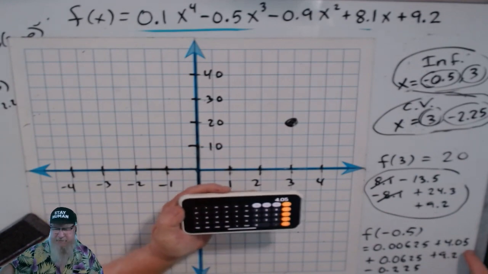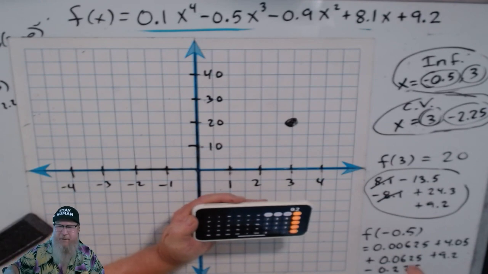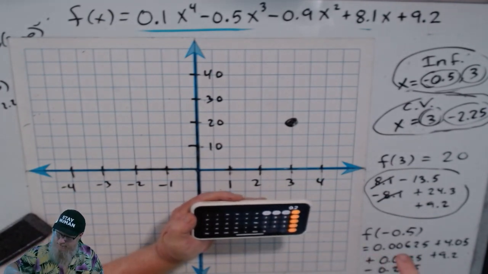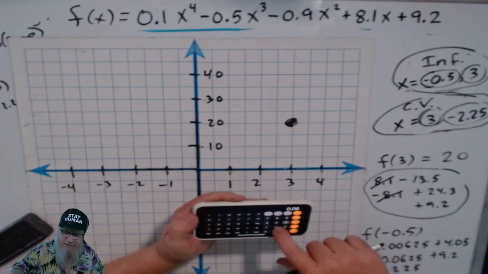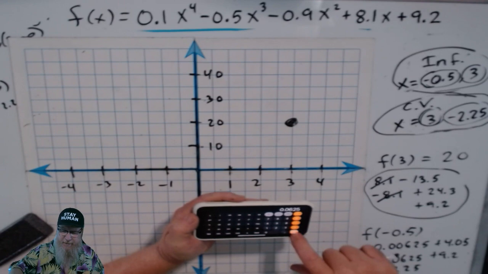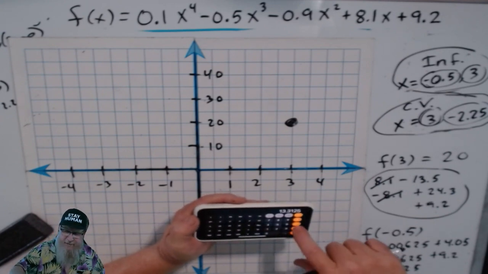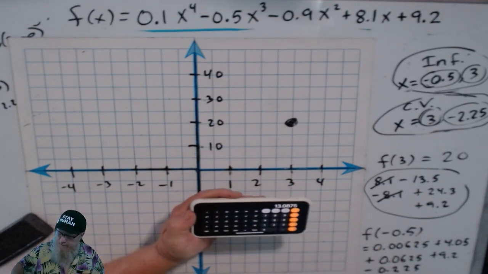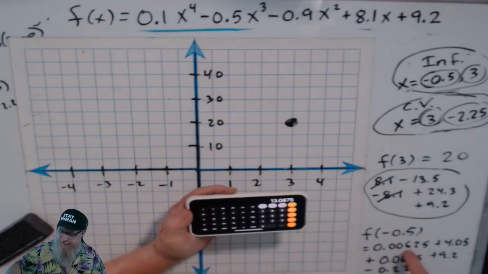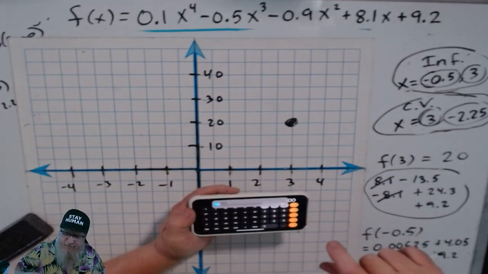So let's add all this up. 4.05 plus 9.2 plus 0.0625 minus 0.225, and then this tiny little insignificant amount, but I'll put it in there anyway, plus 0.00625.